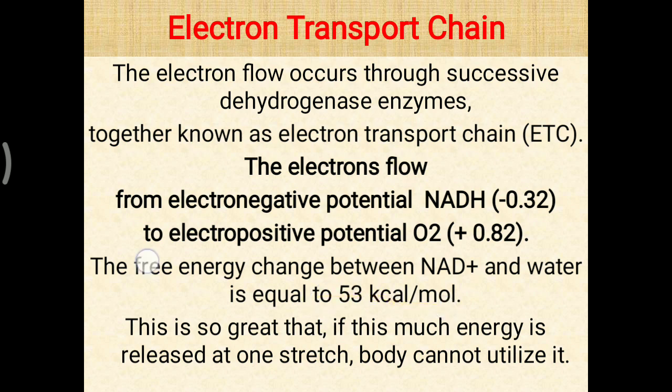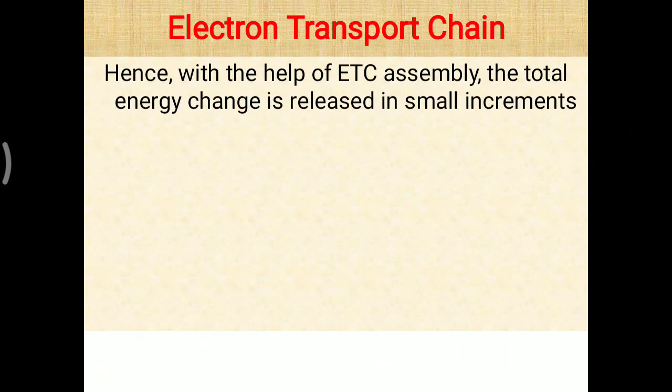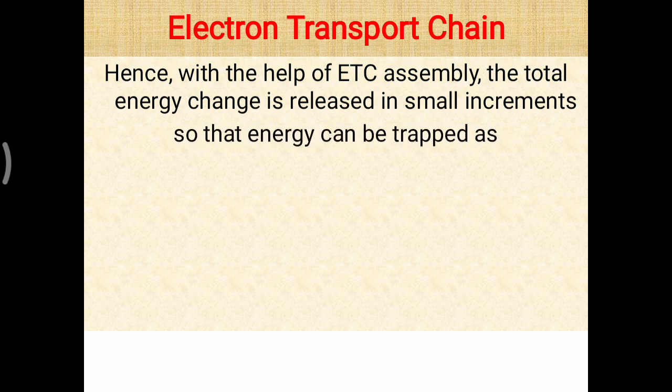During biological oxidation, that energy is released and needs to be stored, and for the storage purpose another molecule, ATP, is utilized. Hence, with the help of the electron transport chain assembly, the total energy change is released in small increments so that energy can be trapped as chemical bond energy, that is ATP.